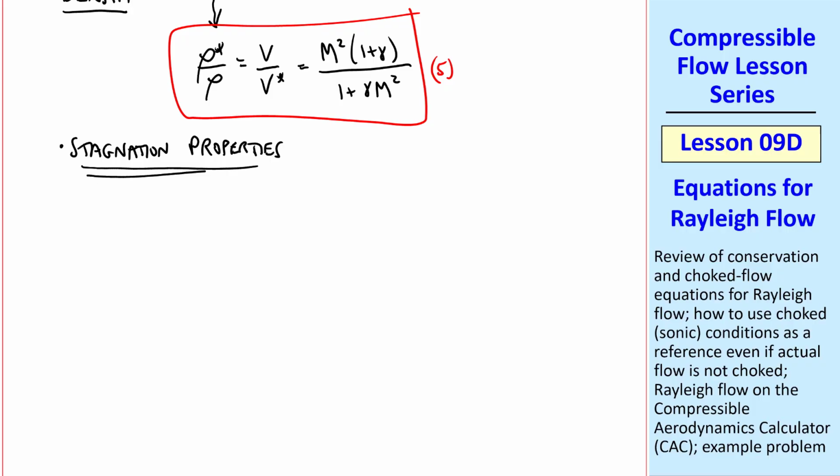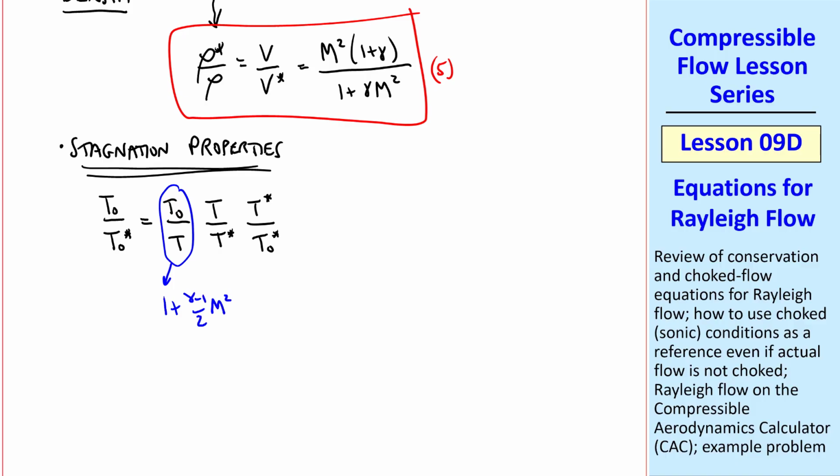Let's also look at stagnation properties. Here we'll make wise use of ratios as we've done many times before. For example, T naught over T naught star is T naught over T, times T over T star, times T star over T naught star. Even though this flow is not isentropic, we're talking about state variables here. So at any state, T naught over T is still 1 plus (gamma minus 1) over 2 M squared.